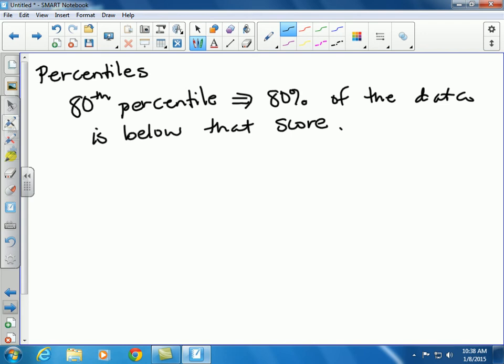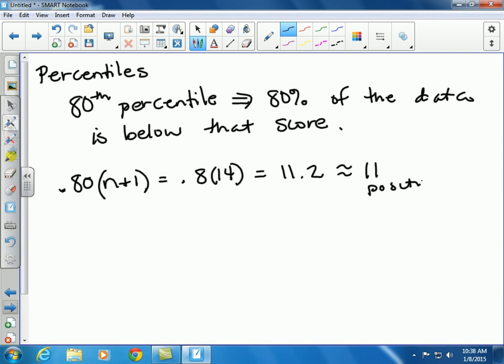If you want to compute a percentile, as in this example, you would take 0.80 times how many data points you have, 0.8 times 14, and you can see this is 11.2, which again rounds to the 11th position. And that 11th position in our data set is also 3.8.